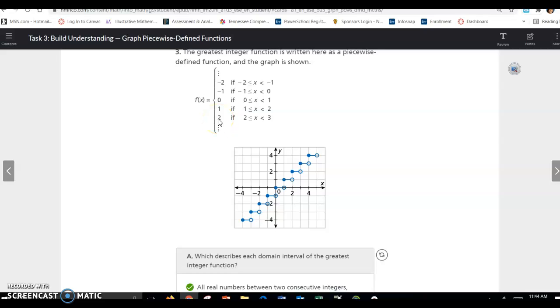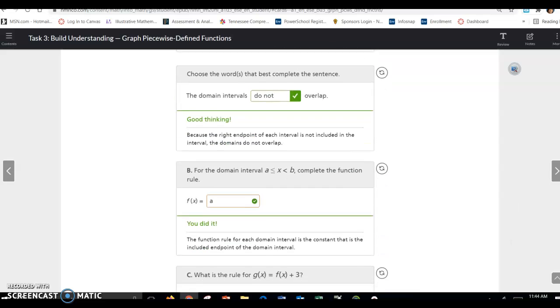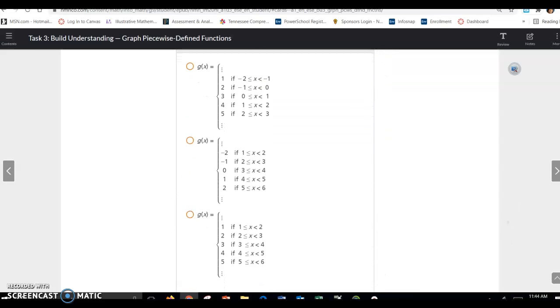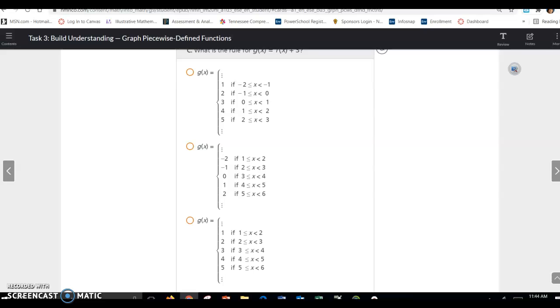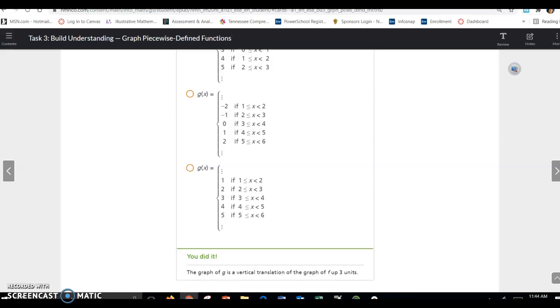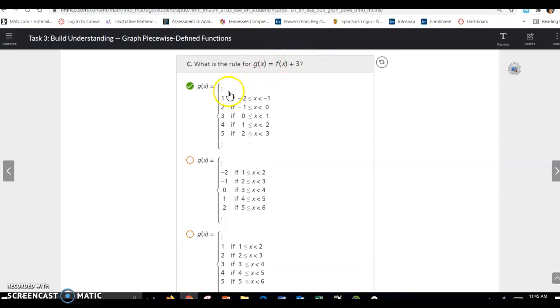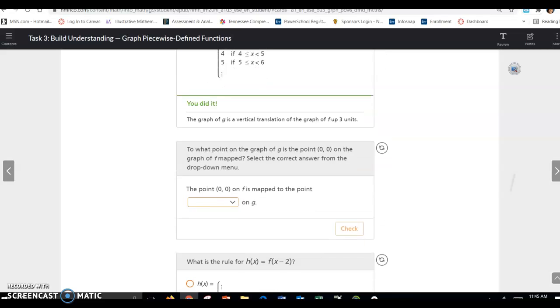And we are going to move each one of those up 3, from -2 to -1 to 0 to 1. I think it should be that first one here. All right, so all it did, the domain pieces did not change. We just shifted the whole graph up 3 units.